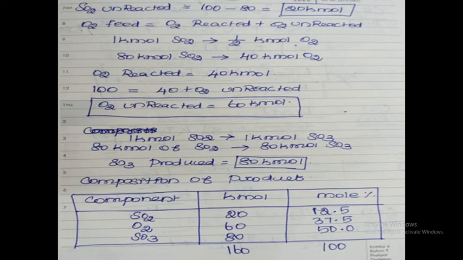What about the composition in terms of mole percentage? Mole percentage of SO2, the first one: individual mole divided by total mole, 20 divided by 160 times 100, is 12.5 percent. Similarly for oxygen, 60 by 160 times 100, is 37.5 percent. For SO3, 80 by 160 times 100, is 50 percent. Adding these three percentages, we finally get 100 percent. How will you check whether your answer is right or wrong?